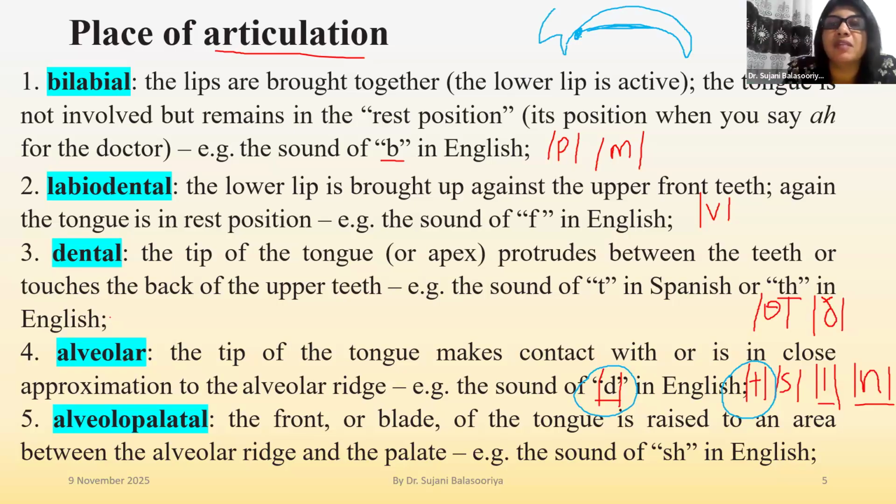Now the thing is, when we produce these two sounds, t and d, the tip of the tongue rises and touches somewhere after the alveolar ridge, somewhere here, not the alveolar ridge. That is one characteristic of Sri Lankan English pronunciation. Only in Sri Lankan English, we identify these two sounds, t and d, not as alveolar sounds, but as post-alveolar sounds.